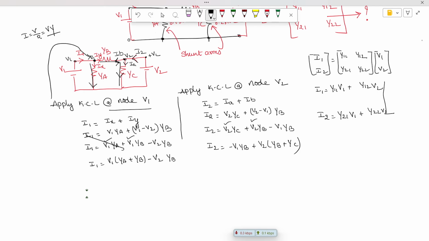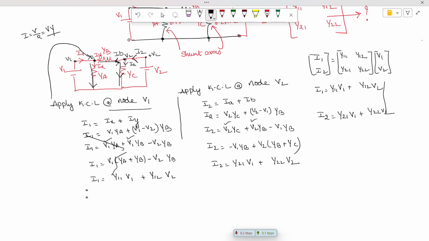Now when you compare with the standard equations, I1 is equal to Y11 V1 plus Y12 V2, and I2 is equal to Y21 V1 plus Y22 V2.